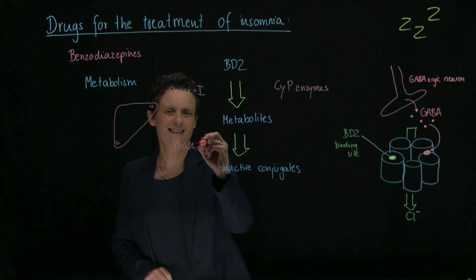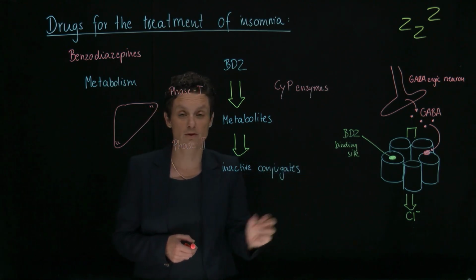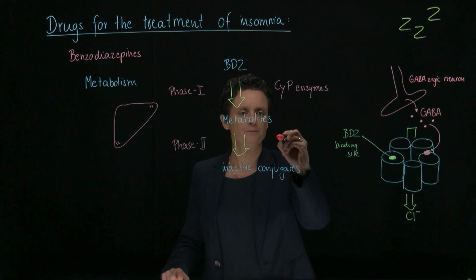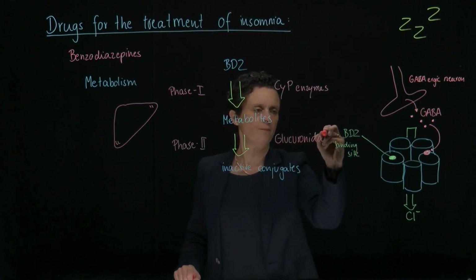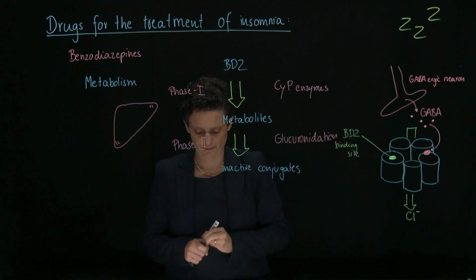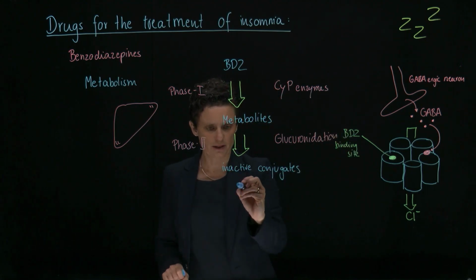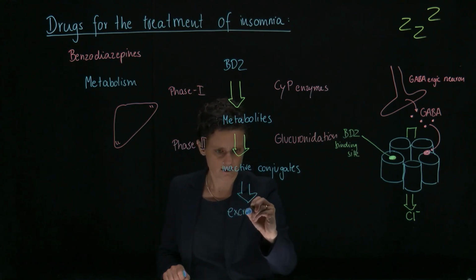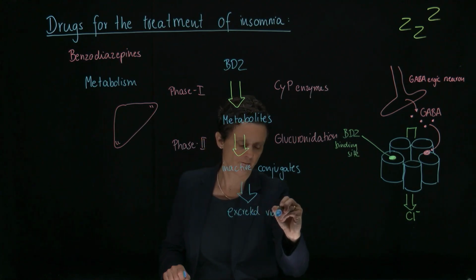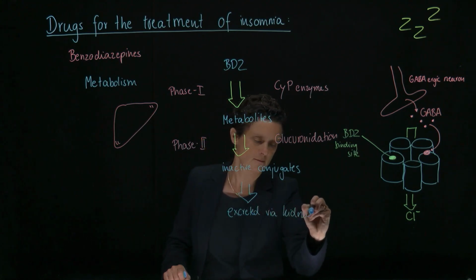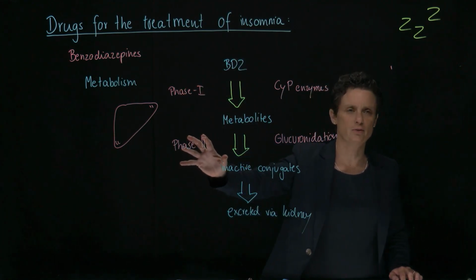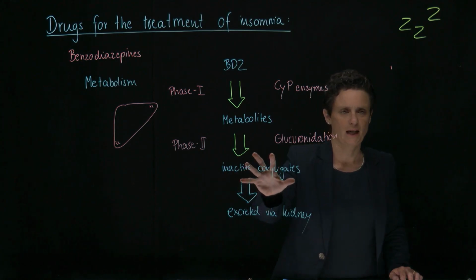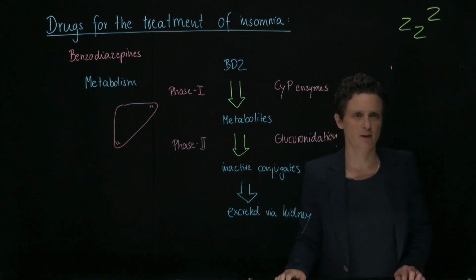The goal is to make these lipophilic molecules more water soluble so that we can excrete them. With all of them we're going to have glucuronidation, and then they are going to be inactive, and then we can excrete them via the kidney. So just to summarize, most of them undergo phase 1 and phase 2 reactions in the liver to make them really water soluble so we can excrete them via the kidney.